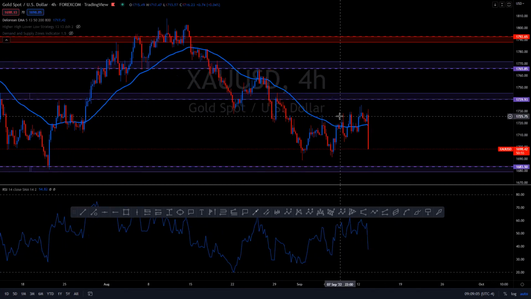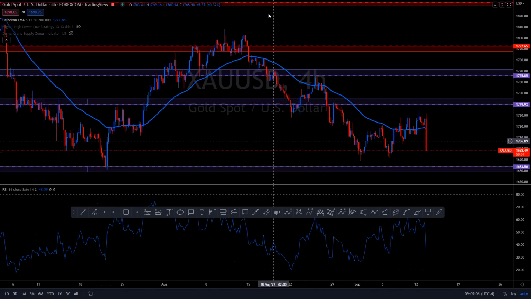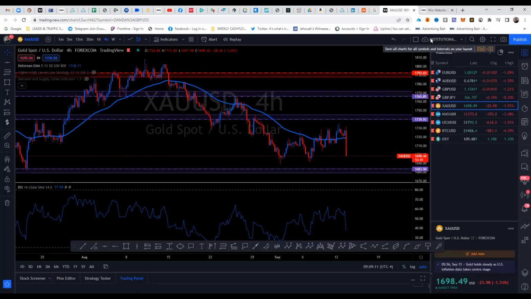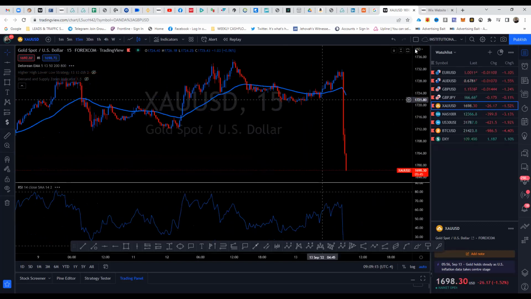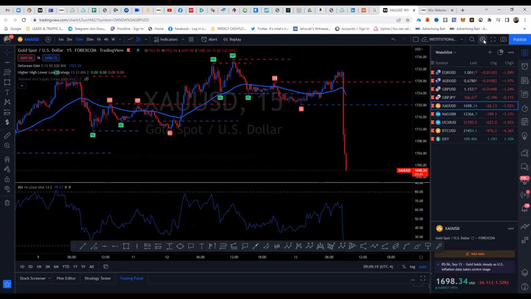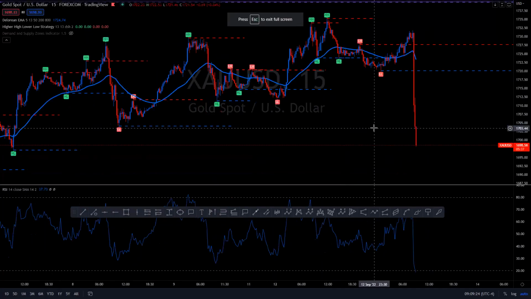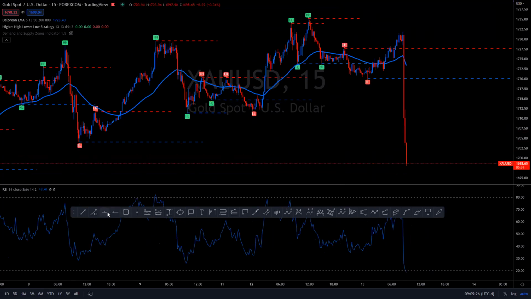So now what I'm going to do is go all the way back to the 15-minute. And then I'm going to turn on my higher high to lower low strategy indicator, and I'm going to draw further market structure, supply demand structure.